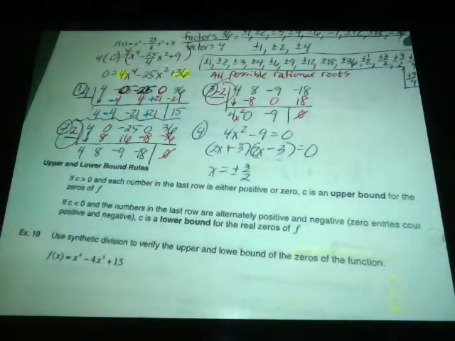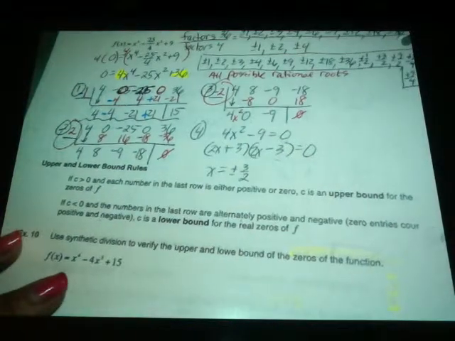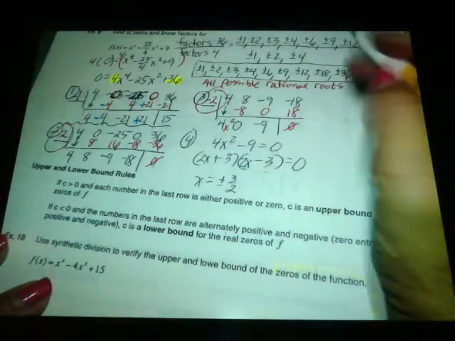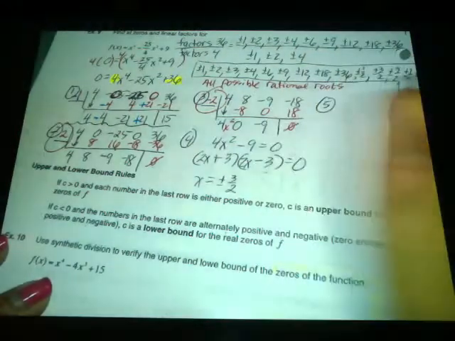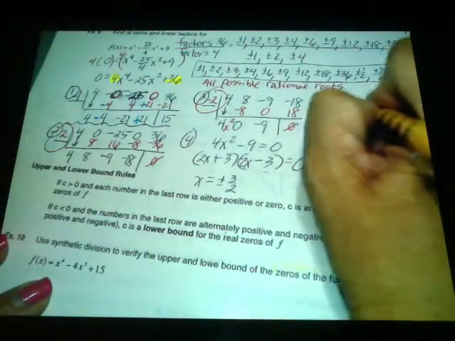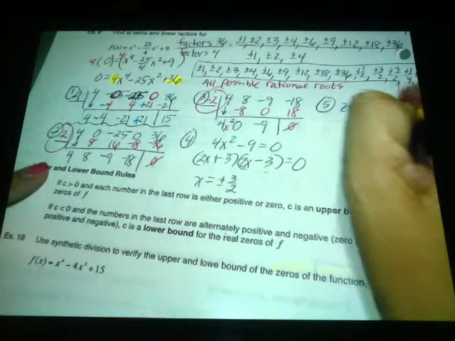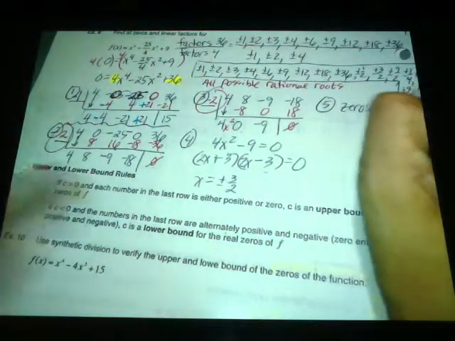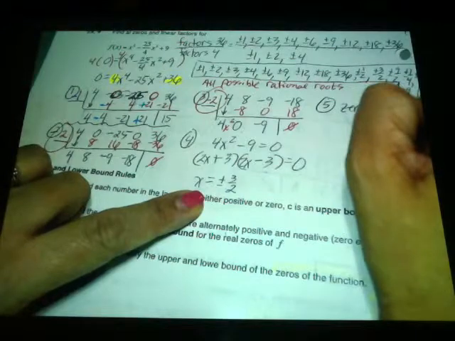How many possible roots should we have come up with? 4. How many did we get? 4. So our zeros, step 5, would end up being positive and negative 2, and positive and negative 3/2.